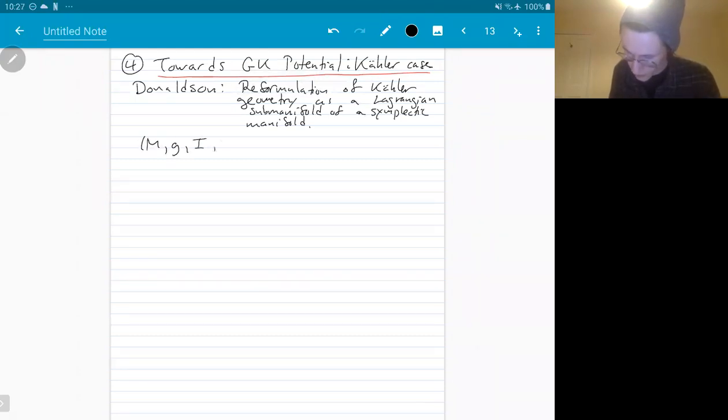So if we start with a Kähler structure, there's 2 steps.